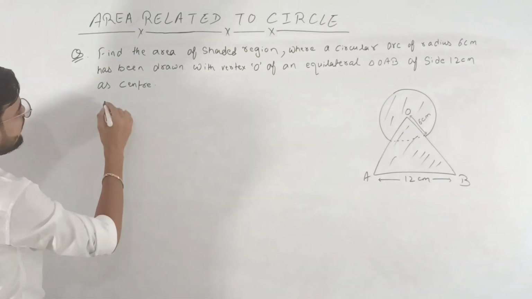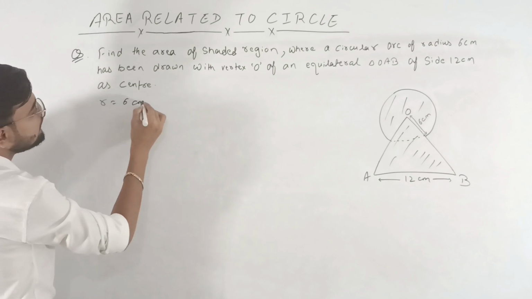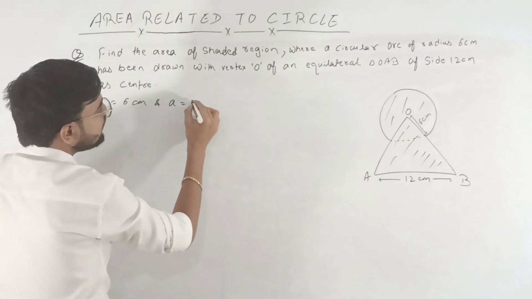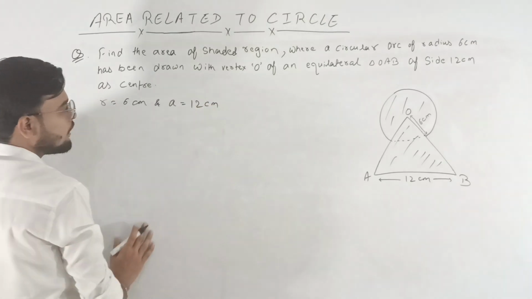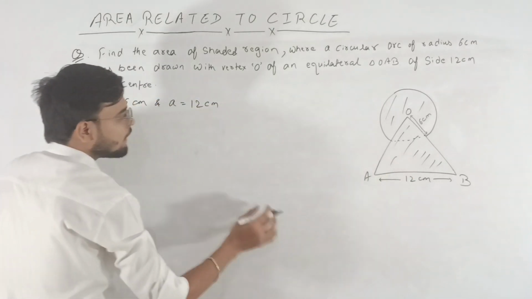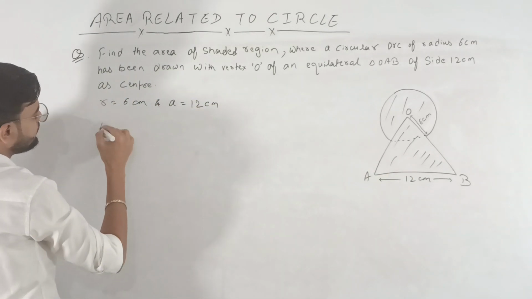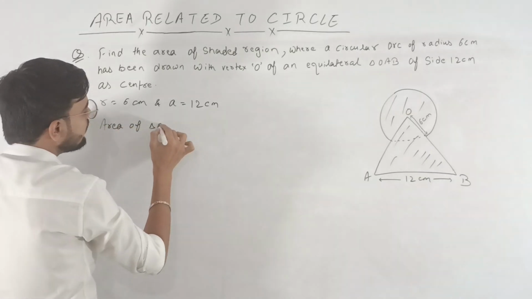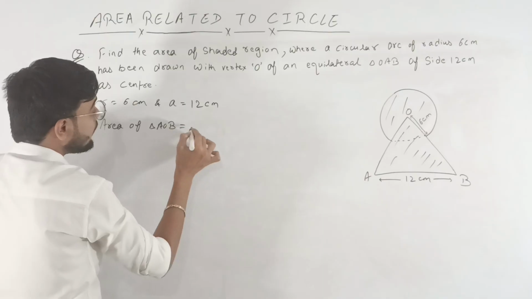So first we write what is given. The radius is given, which is 6 centimeter, and the side of the equilateral triangle is given, which is 12 centimeter. Now first find the area of this triangle. So the area of triangle AOB is what? This is an equilateral triangle.